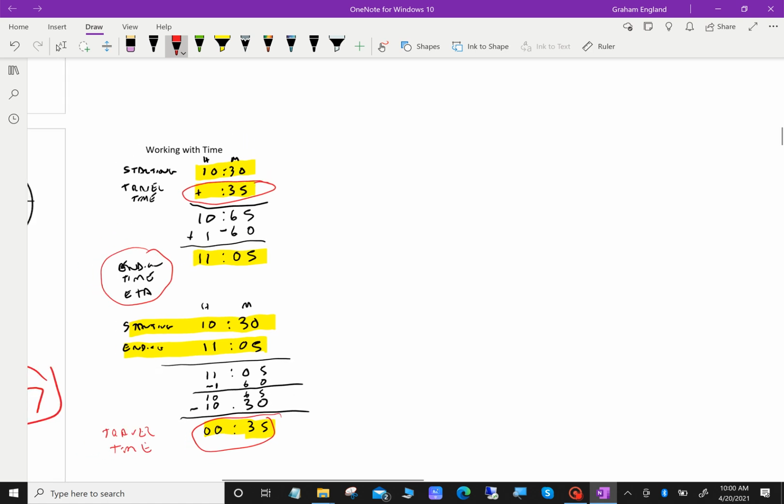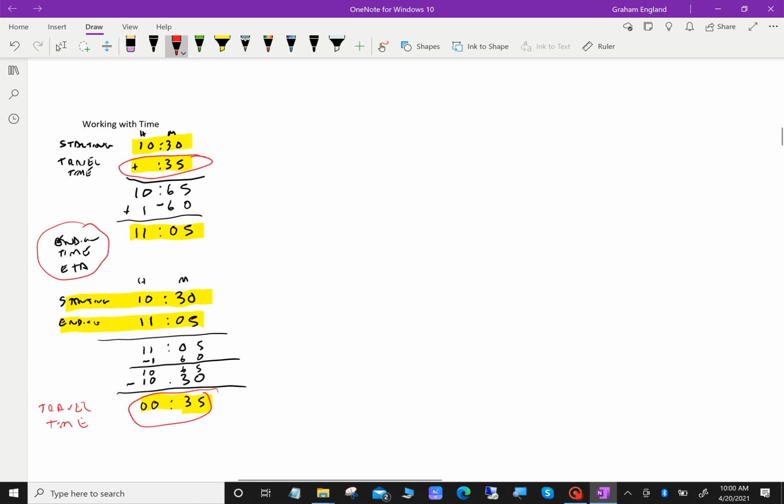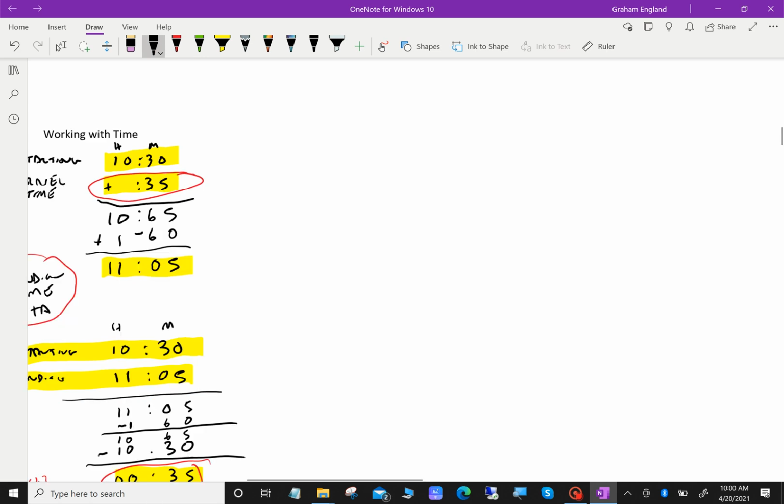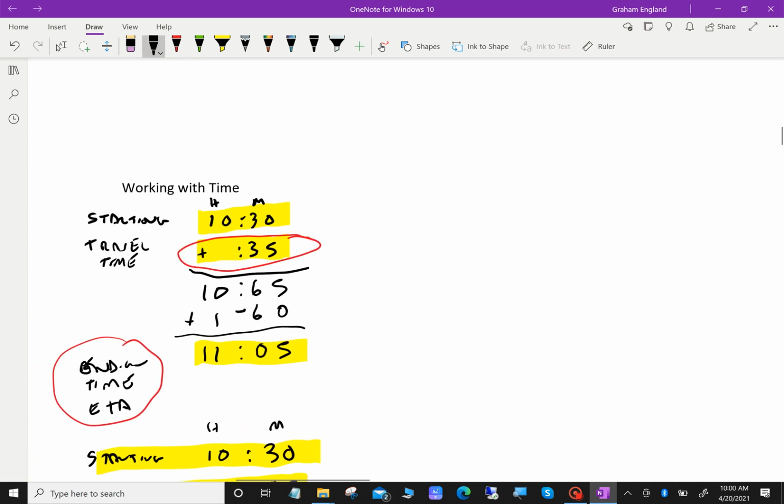So let's do another one. Our starting time is 10:20, hours and minutes. Our travel time is 52 minutes, 0 hours and 52 minutes. So we know to add this.